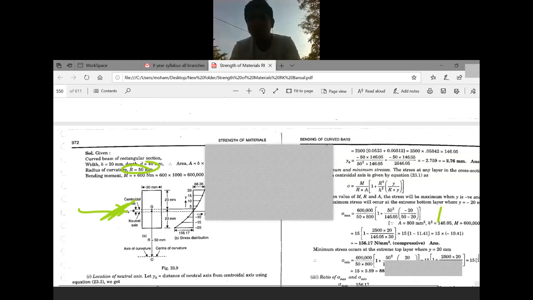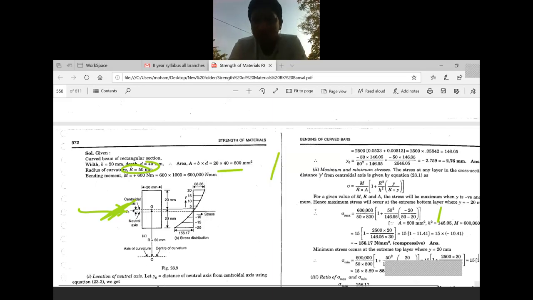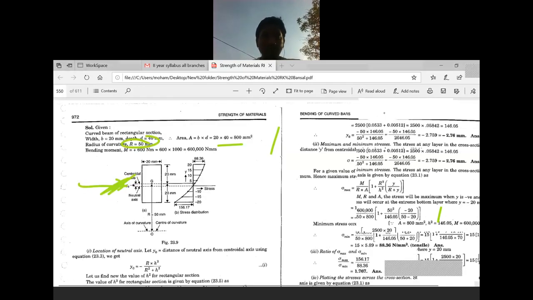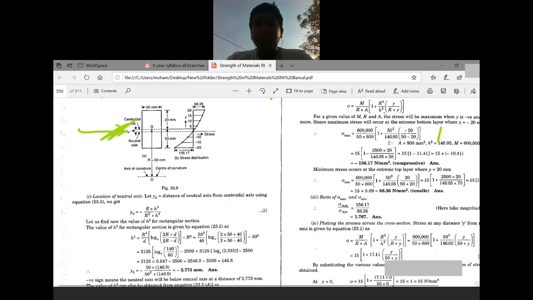Is it visible? Well, the neutral axis is the distance of... is the screen visible?